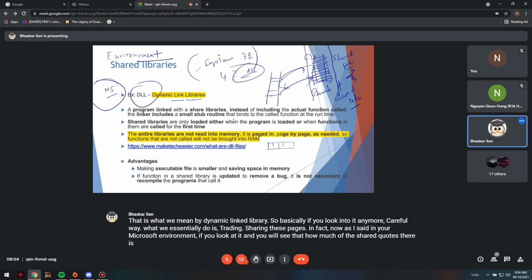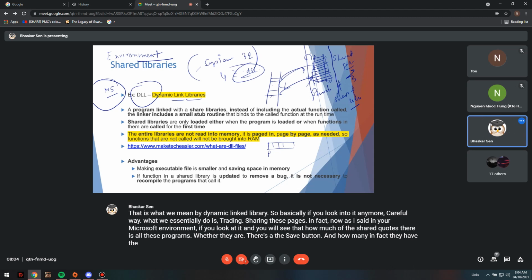All these programs, whether they are the save button, and how many. In fact, I should say 80% of their codes are shared.